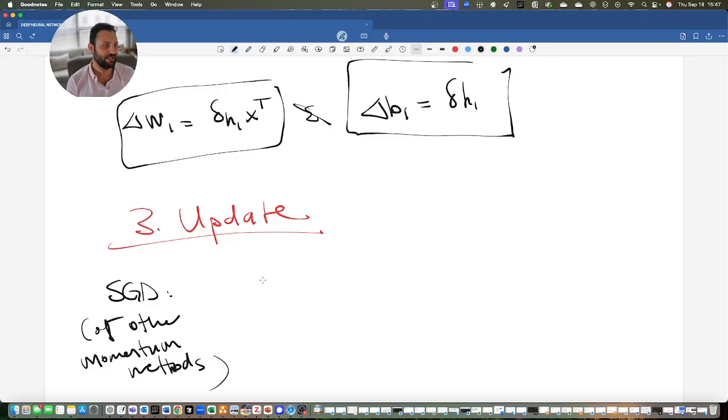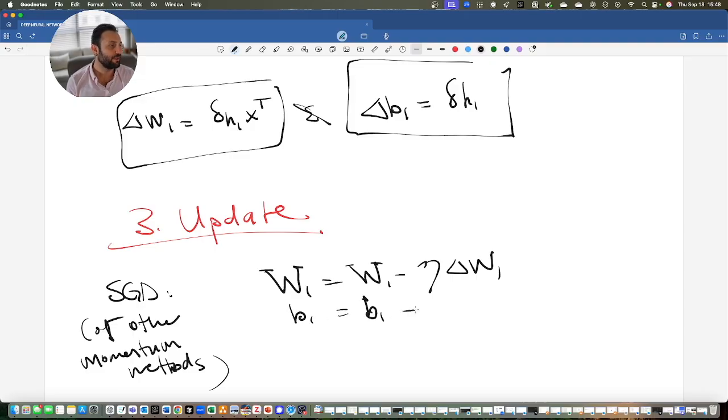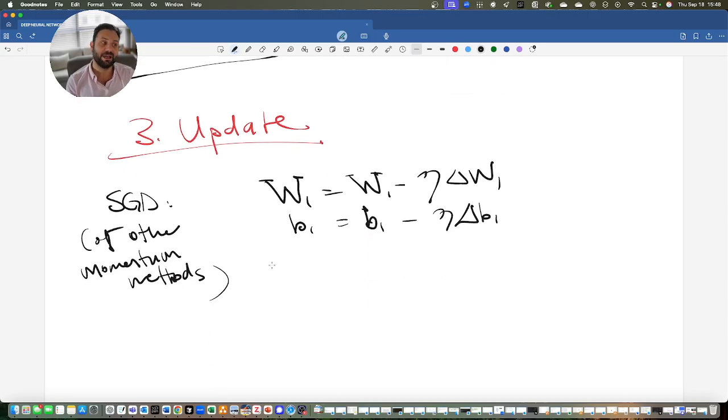SGD says W1 is going to be equal to W1 minus some step size times delta W1. B1 equals B1 minus some step size times delta B1, because I calculated it. And W2 equals W2 minus some step size times delta W2.